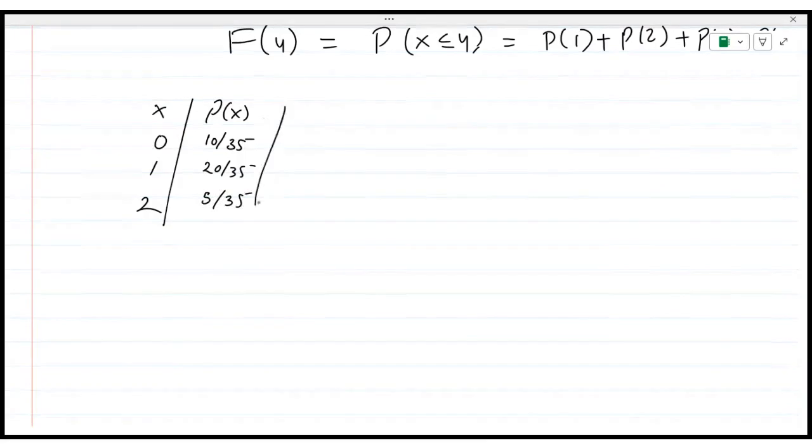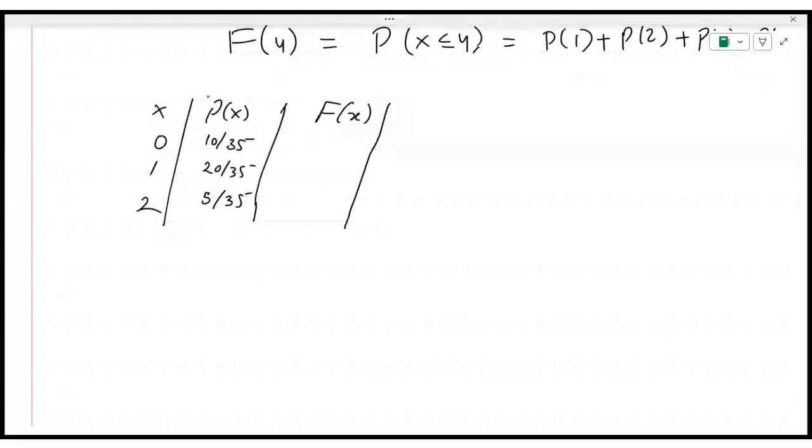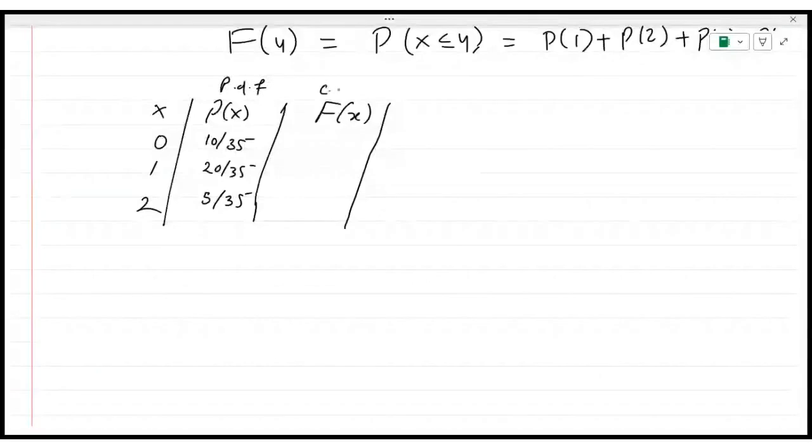Now we are asked to find the capital F of x, the CDF. This is PDF and this is CDF. So it is very easy. Okay. What we have to do?